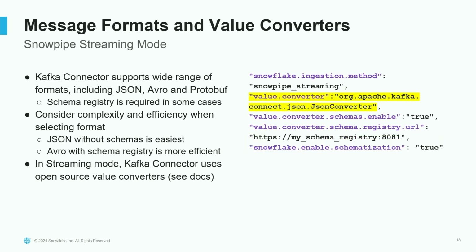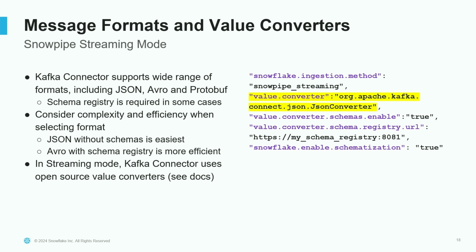I want to talk a little bit more about message format specifically. Kafka Connect works using the concept of value converters. If you've used the Kafka connector previously in Snowpipe mode, you would have used com.snowflake value converters like the JSON converter or the Avro converter.